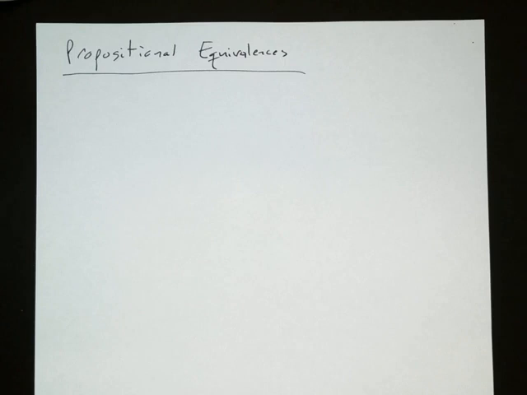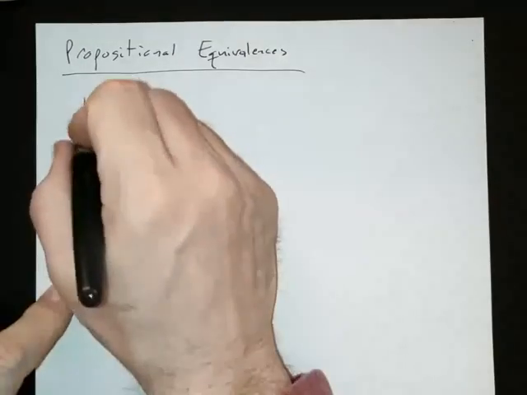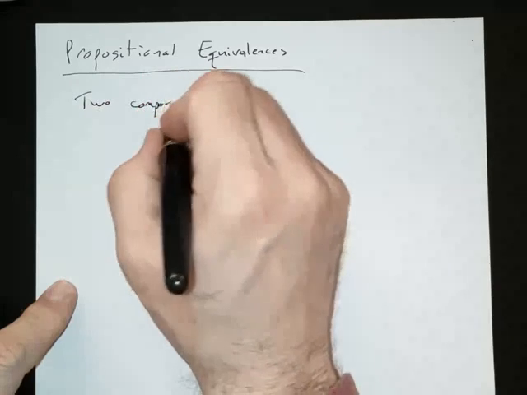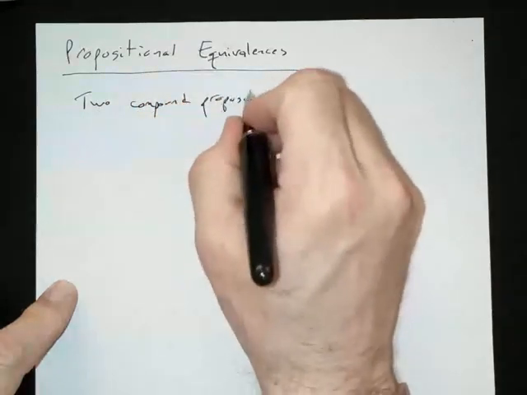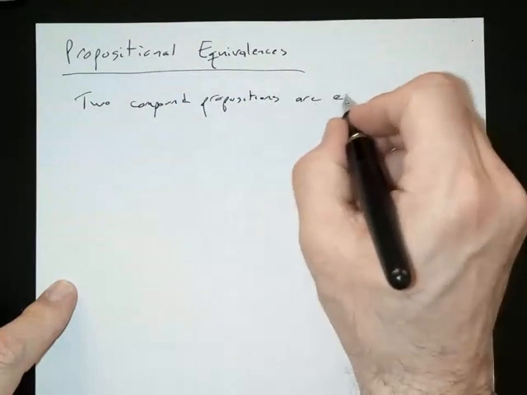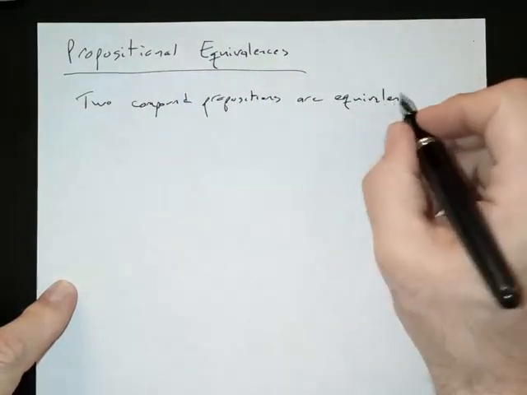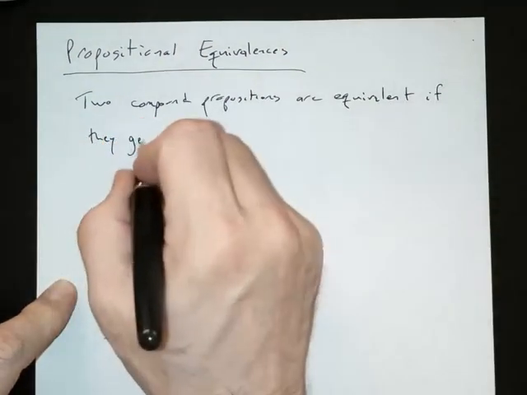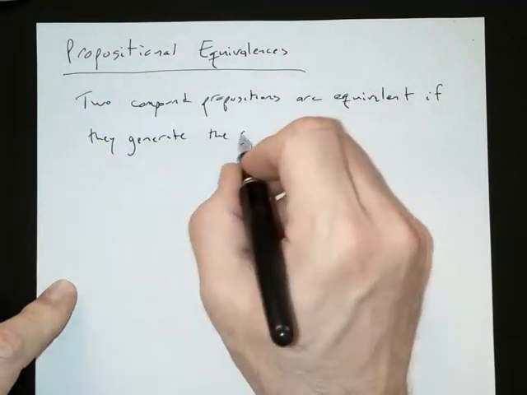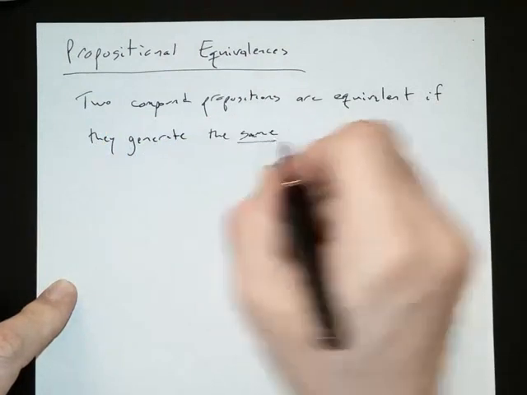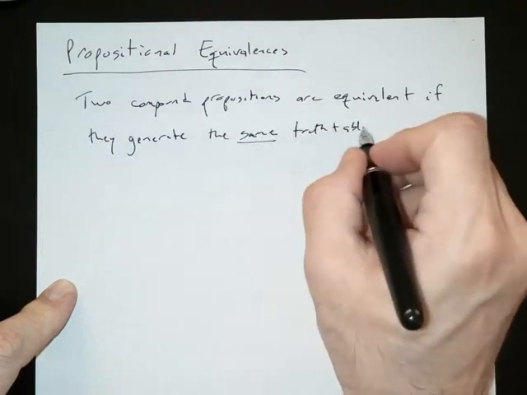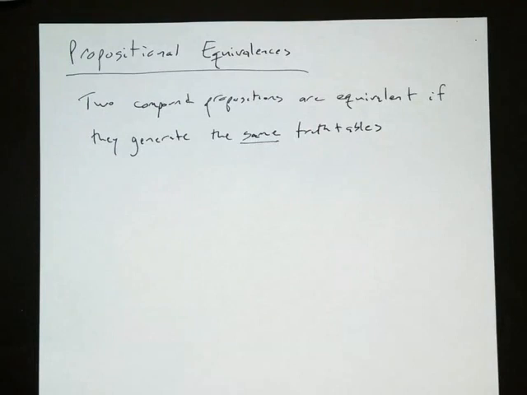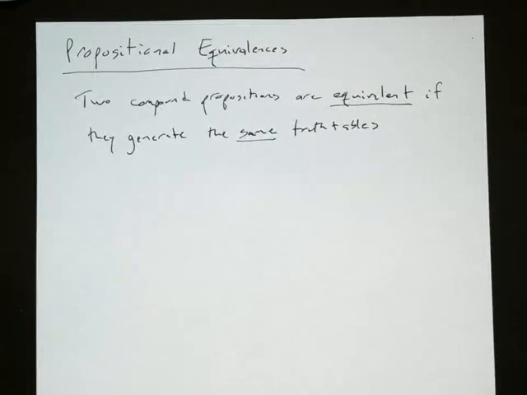What I was looking at was whether they gave me the same results on a truth table for all the cases. And we'll refer to this as logical equivalence.